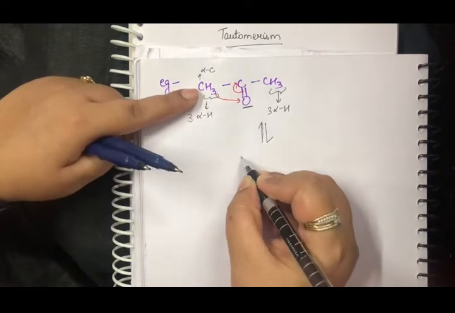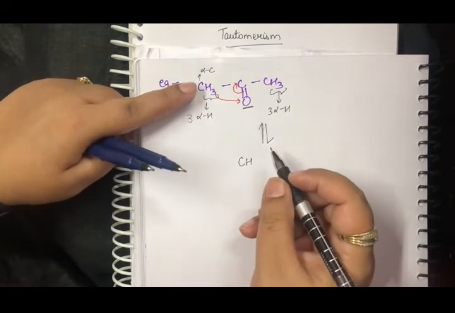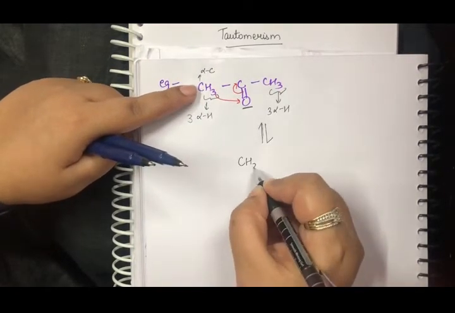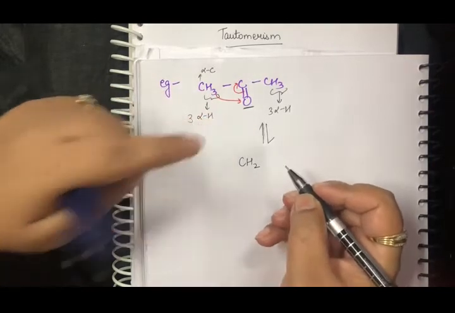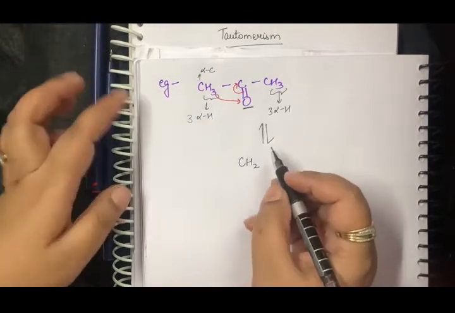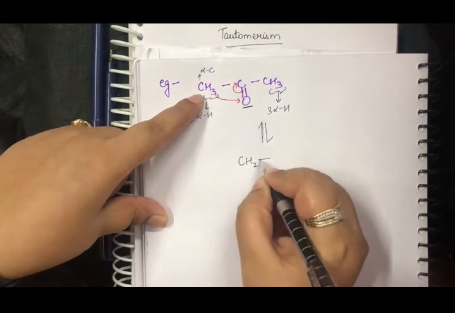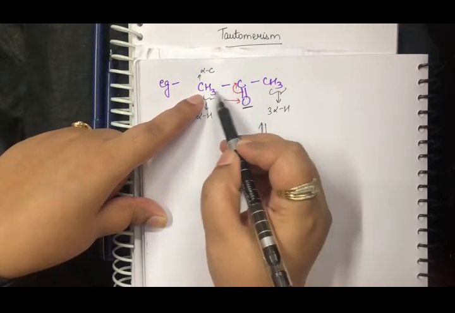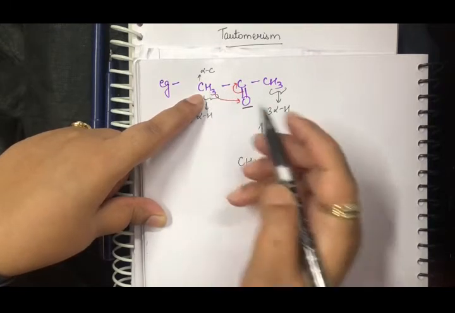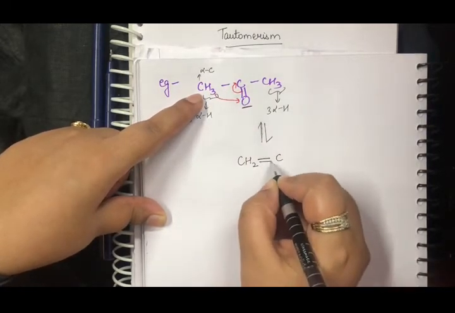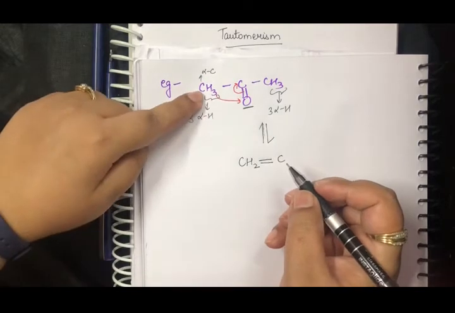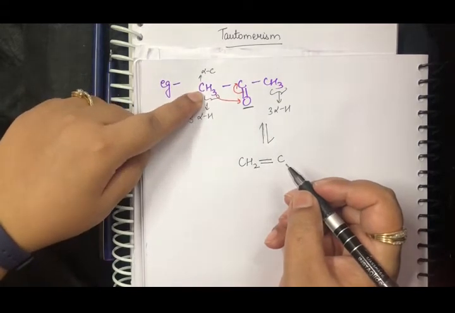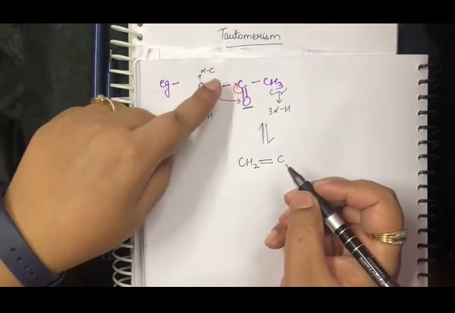Now what has happened here is that one of the alpha hydrogens has gone to get attached with the oxygen. This carbon, which now has one extra bond, will share it with the neighbouring carbon, so there would be a double bond here. One of the valencies of this carbon was lost, so it is being fulfilled by the carbon that has taken the hydrogen.